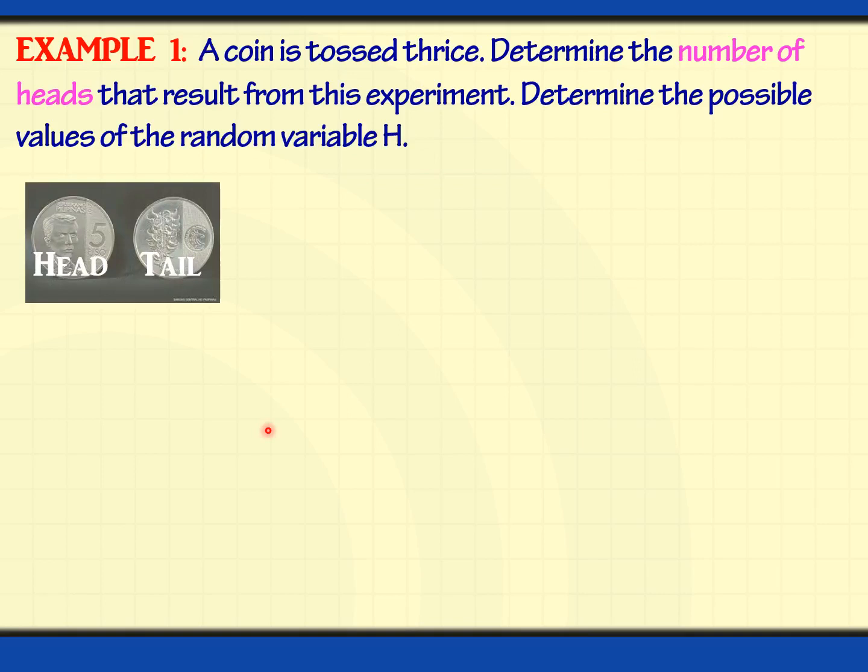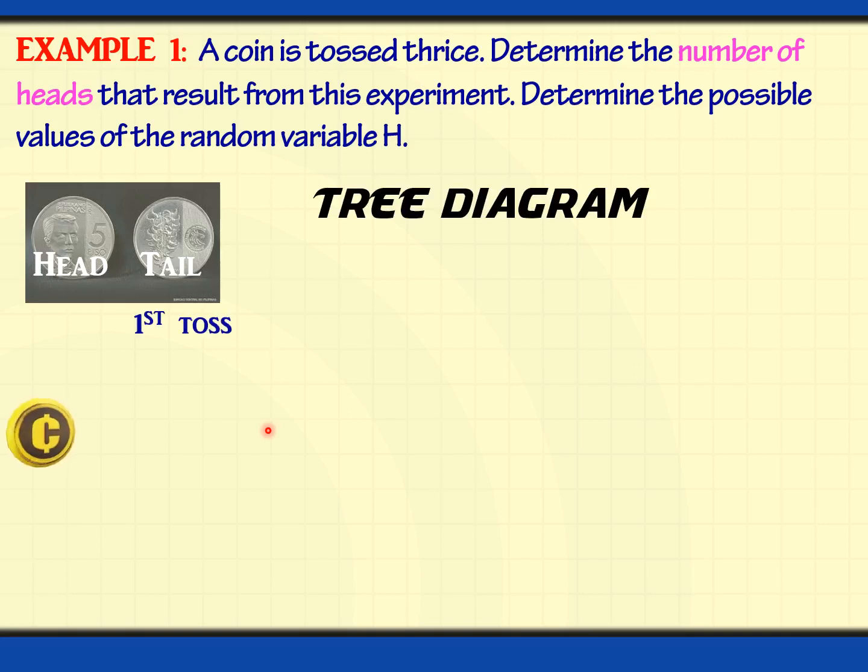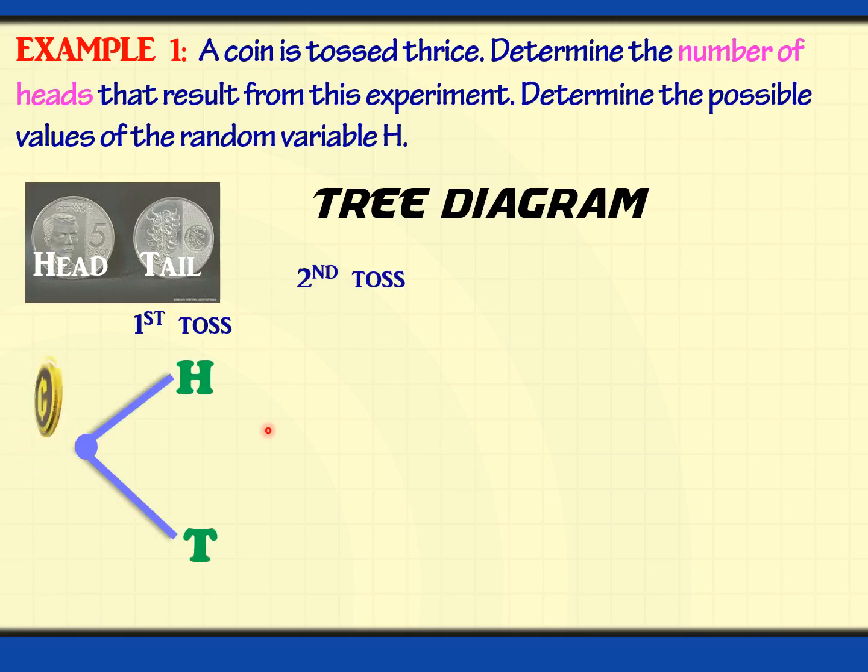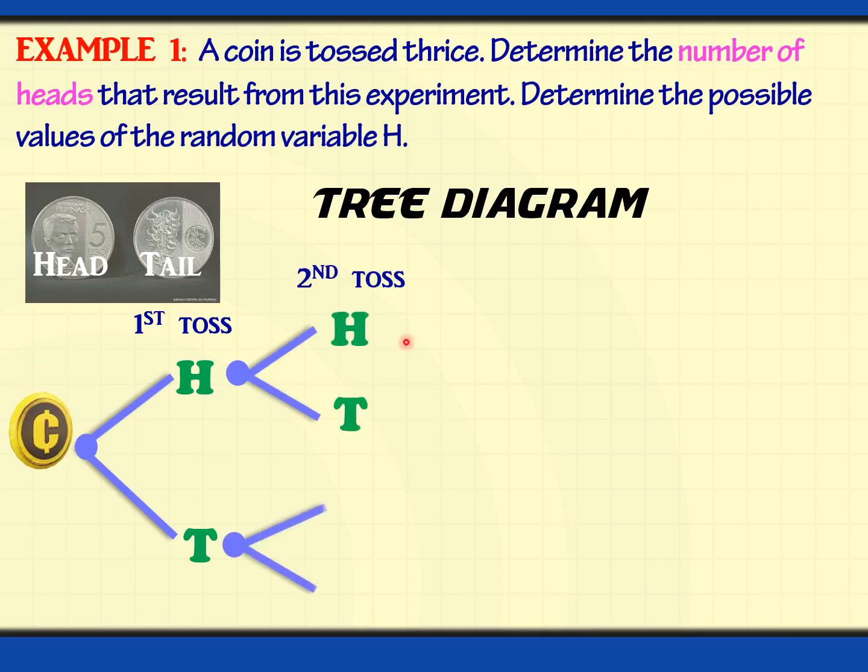And then if we're going to toss a single coin on the first toss, to determine the possible number of random variable, we'll be using the tree diagram. On the first toss, the possible outcome could be a head or a tail. On the second toss, if we have a head on the first toss, the possible outcome is either again a head or a tail.